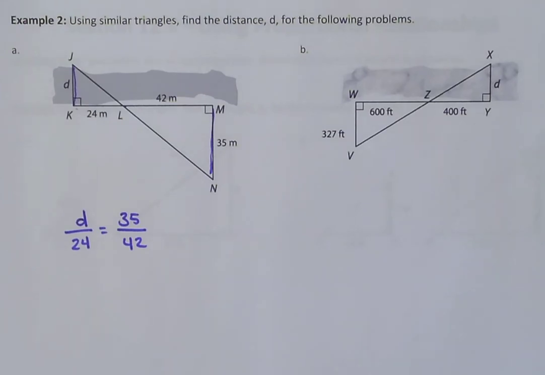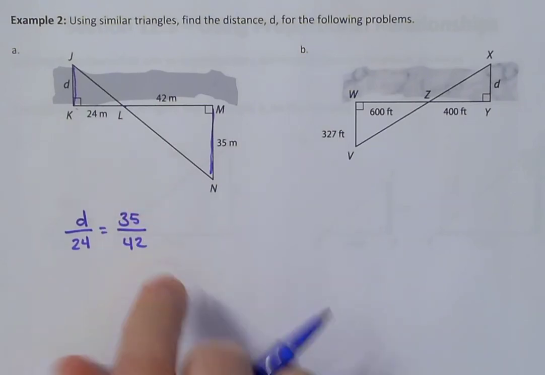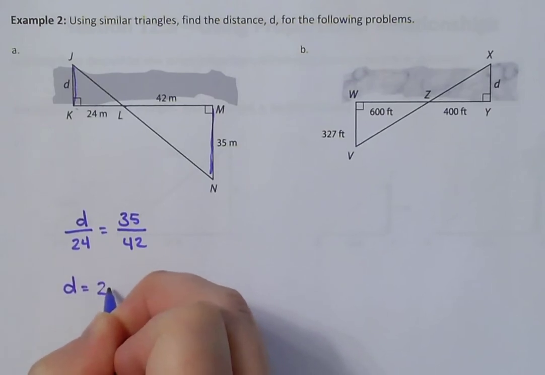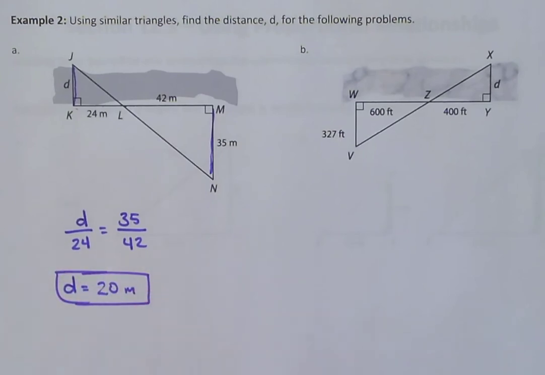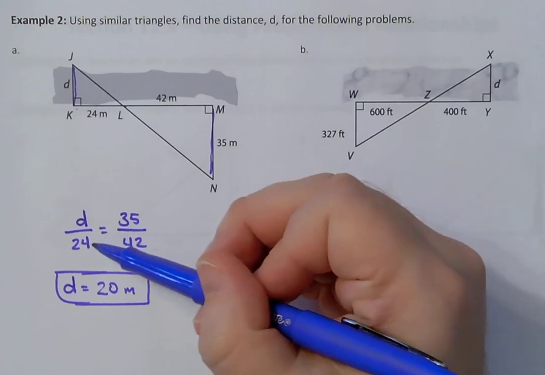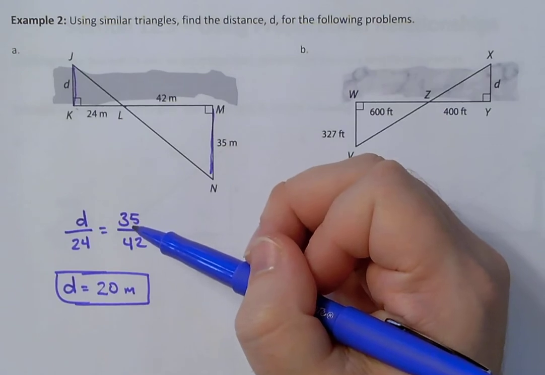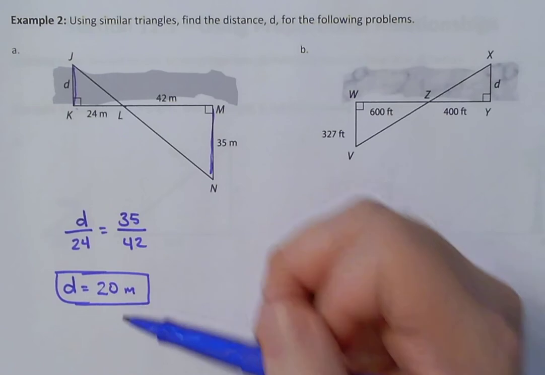I think by now you should feel fairly comfortable by cross multiplying and then dividing to solve. If you were to go through and solve this one for part A, we would get a distance of 20 meters across the river. Okay, you would do d times 42 and then 24 times 35, which will give you 840, and then 840 divided by 42 gives us the 20.